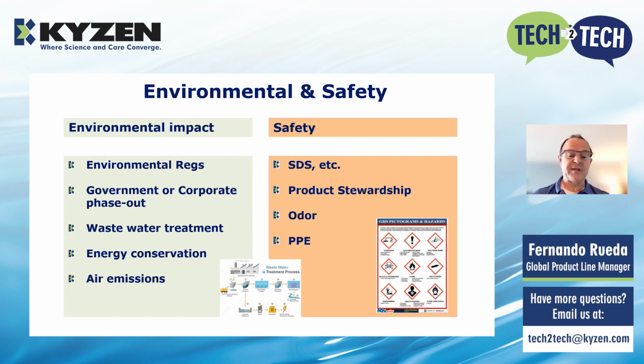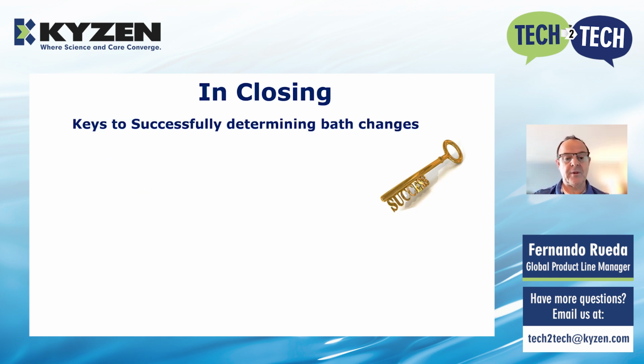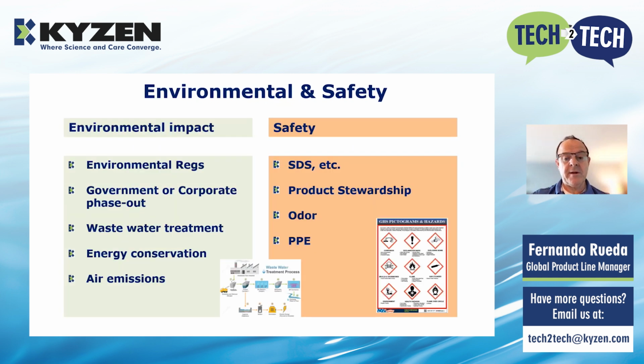So important to keep an eye on that, because that could determine when you change your bath. Safety is also important. Sometimes different chemistries may react with parts or residues and create some foul odors, or maybe some reactions that could be dangerous for the operators.